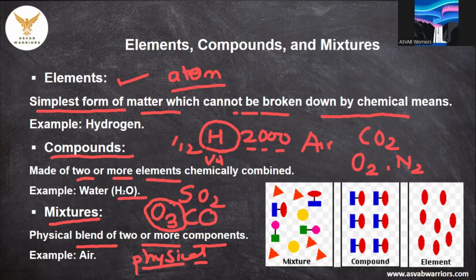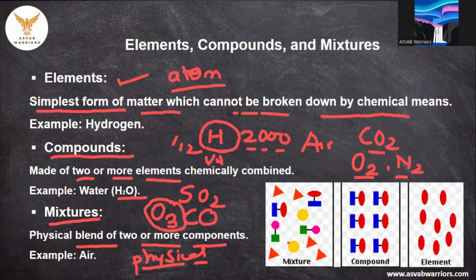As you can see, when I am writing here CO2, O2 and N2, these are chemically different materials. Hence, we call them a mixture because they are different in nature, they are not chemically the same.